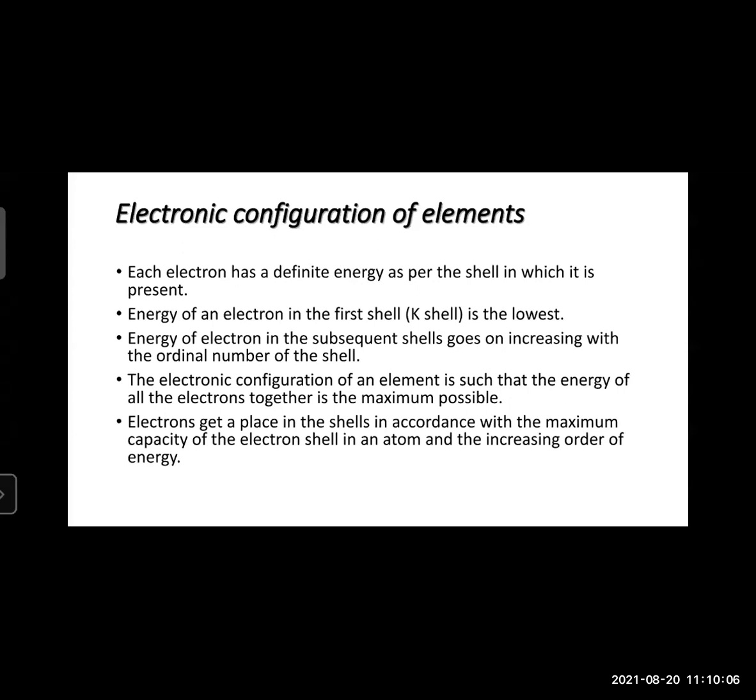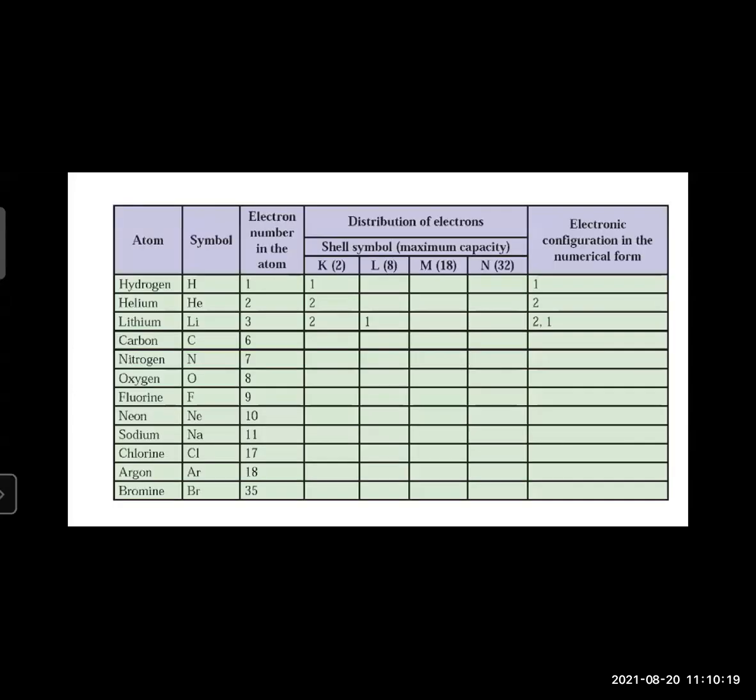So electrons get placed in shells in accordance with the maximum capacity of the shell and in increasing order of energy. Now we will see some atoms and their electron distribution, and finally their electronic configuration.